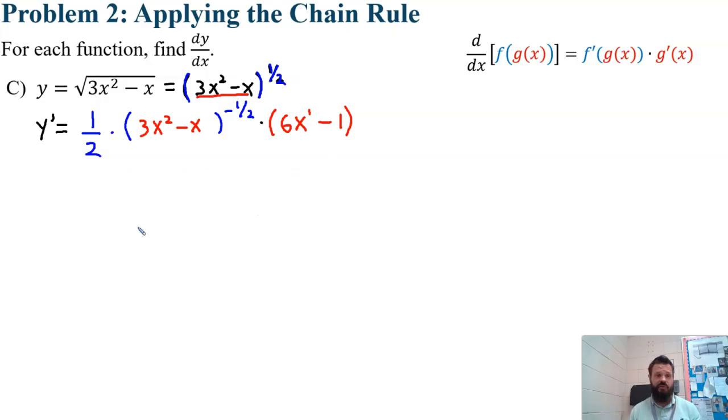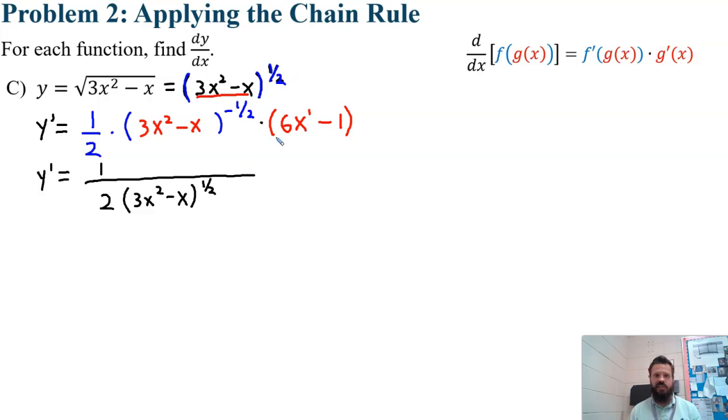There's our derivative. Now there's a few things we could do to clean this up. We can say y prime is equal to, I can turn this all into one fraction. I've got the 1/2, so we'll throw a 1 on top for now, 2 on bottom. This 3x squared minus x, all raised to the negative 1/2 power, we could turn that into a 3x squared minus x to the positive 1/2 power on the bottom part of the fraction.